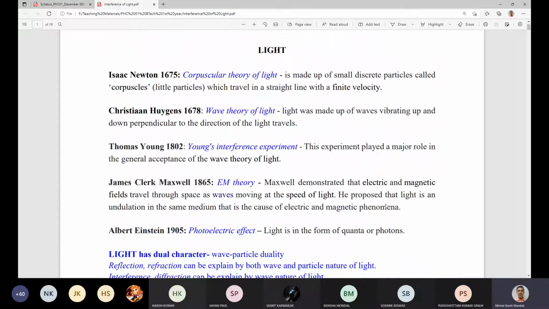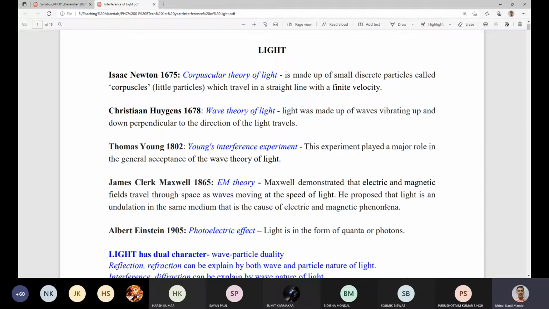But if we consider the work related to light from the beginning, how this field was developed, then we can understand that light is so important, and it is a very tough job from the beginning to predict or discuss or mention what it is.